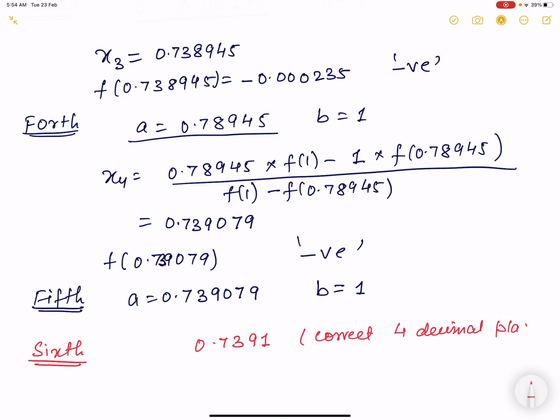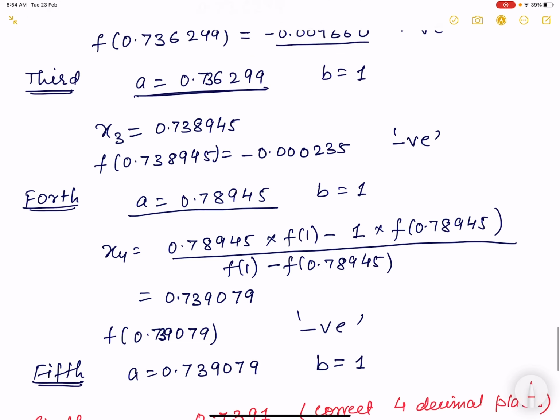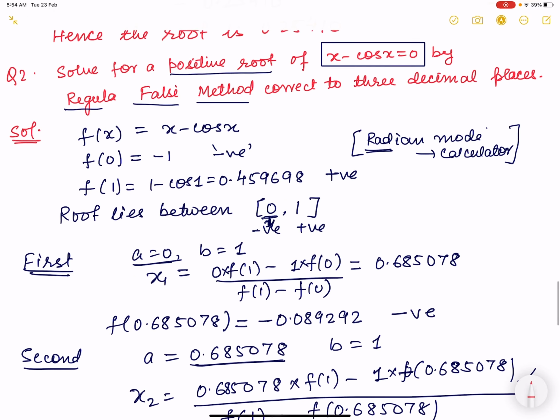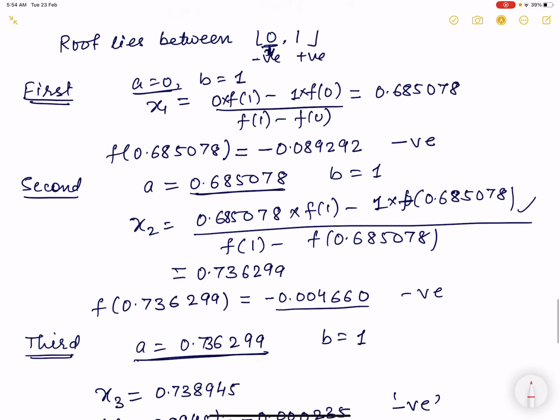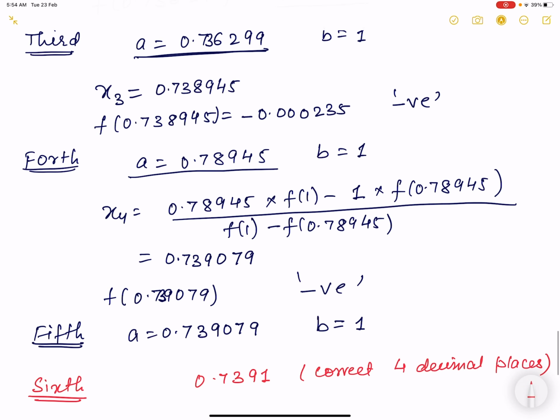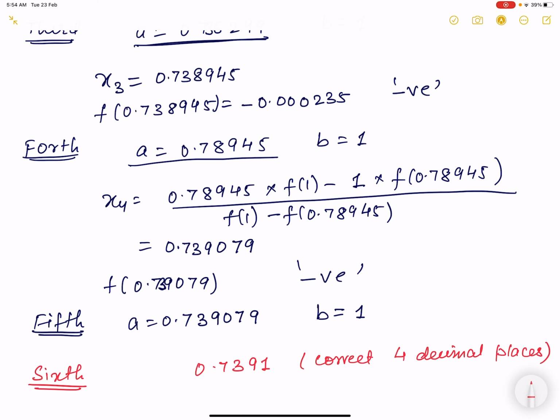Let us see what is required in the question. In the question, it is required to be correct till 3 decimal places. So if it is required to be correct till 3 decimal places, we had already reached the answer 0.739.